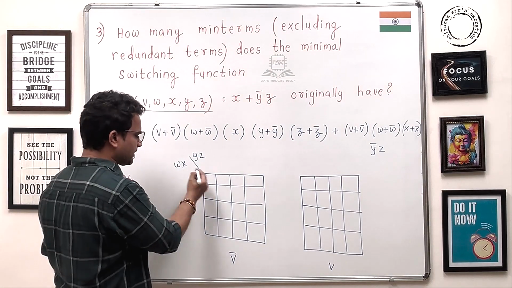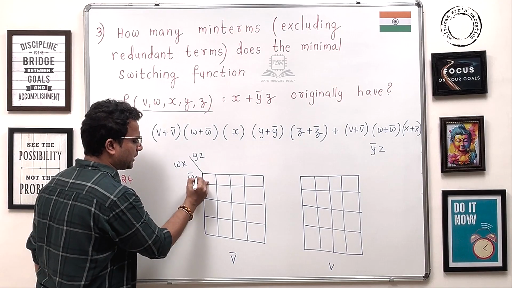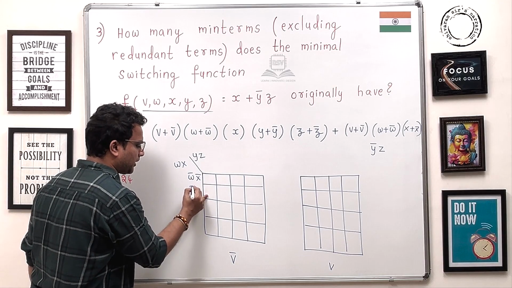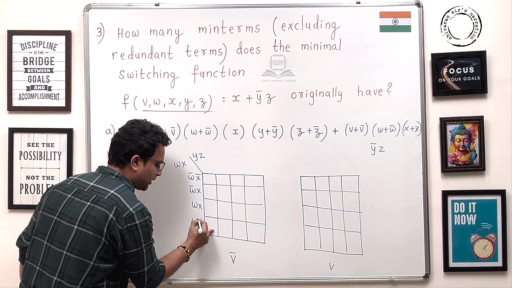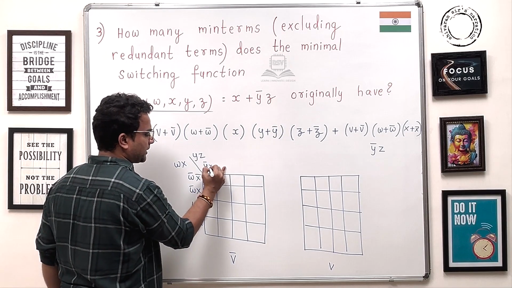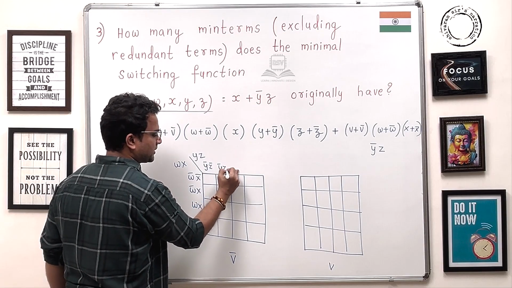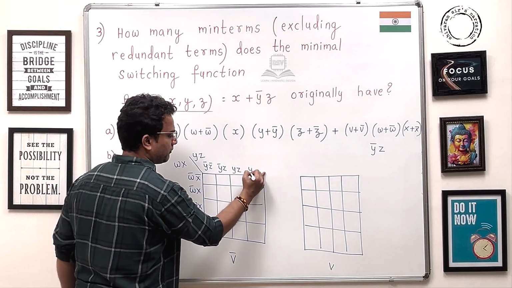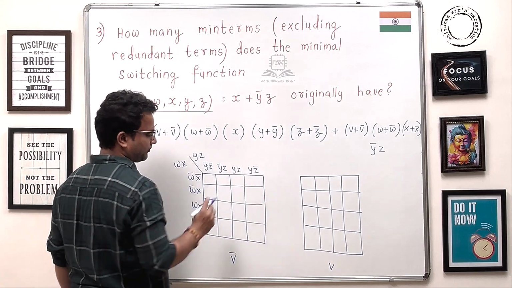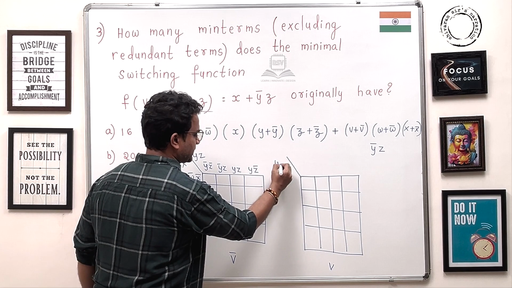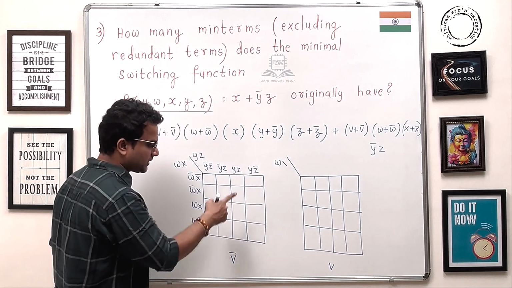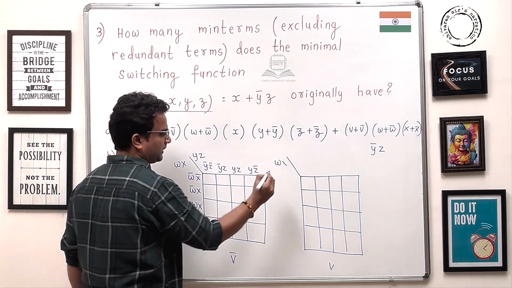Here it is the same: w bar x bar, w bar x, wx, wx bar. Similarly here y bar z bar, y bar z, yz, yz bar. The same applies here also, because everything is the same except v. This is v bar and that is v.